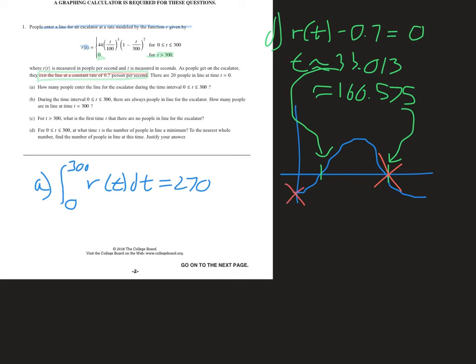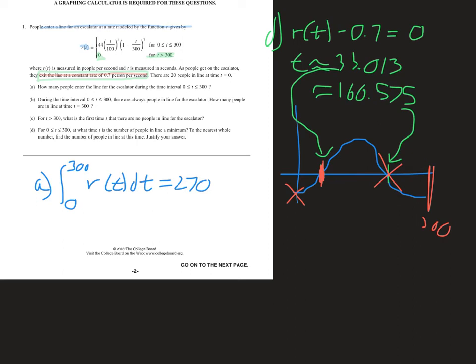So I just need to know how many people are in line at 33.03, and then how many people are in line at 300. I need to know those two values, and whichever one is the smallest is the minimum.